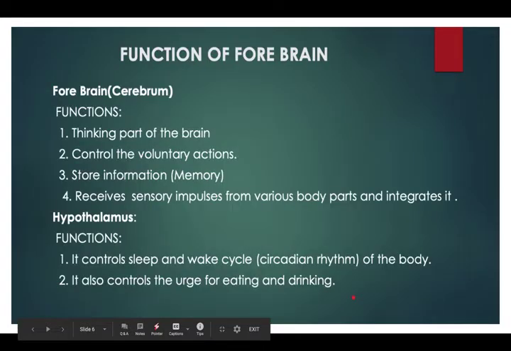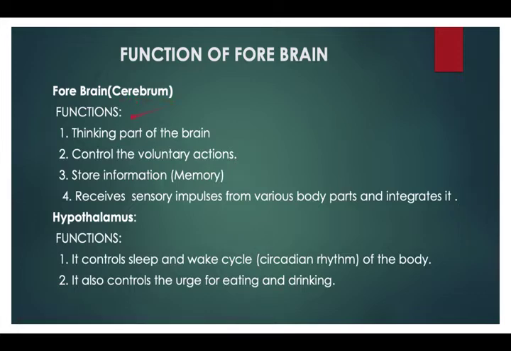Now come to know about the functions of forebrain. Forebrain, which is known as cerebrum, the main functions controlled by this part of our brain are thinking. It is the thinking part of the brain. It controls our voluntary actions also.